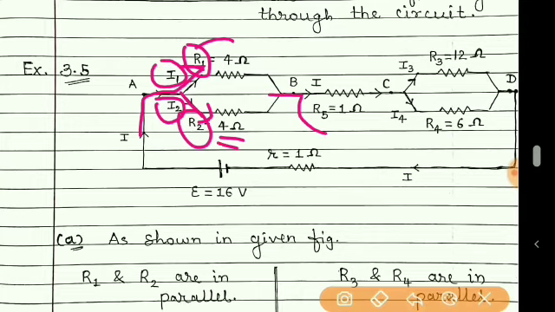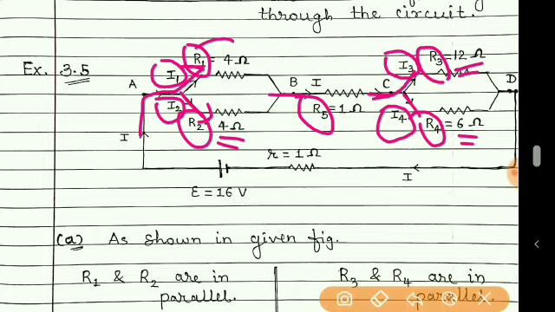This resistor is termed as R5. Again the current gets divided into these two branches. Let this current be I3, this is I4. This resistor is named as R3 and this is named as R4. Their values are given.